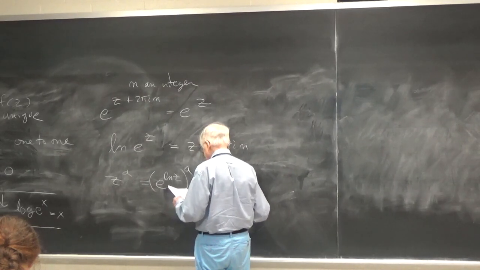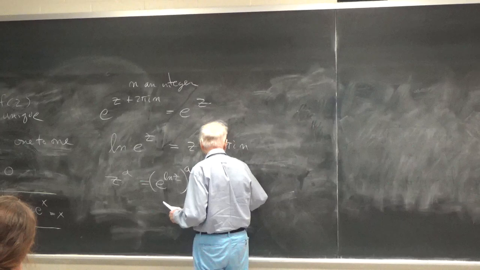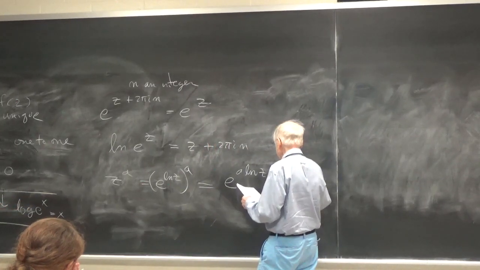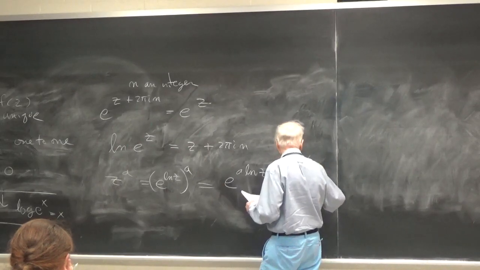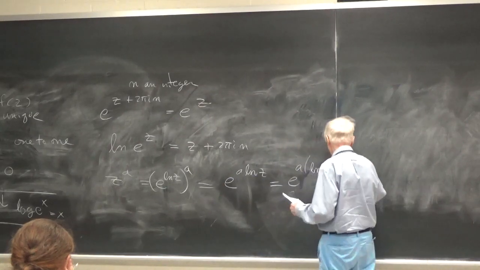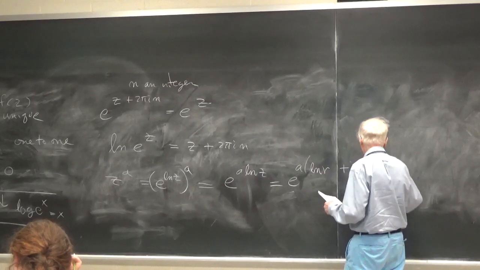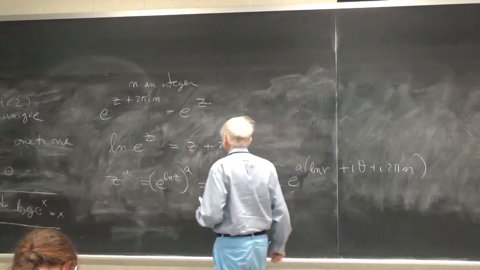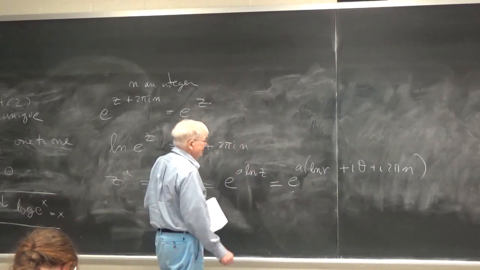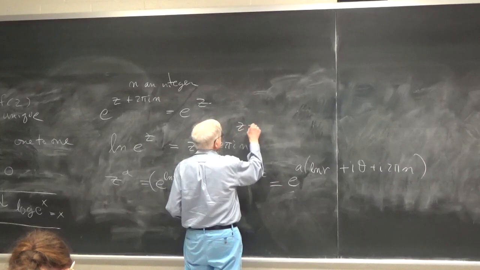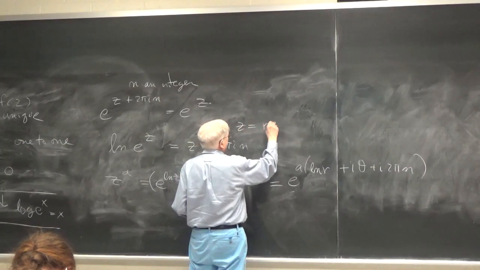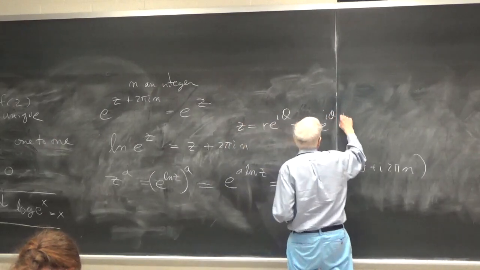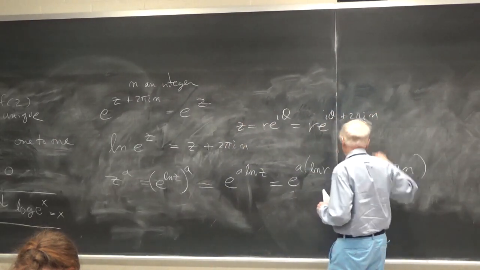But this is then e to the a log z, and so that's e to the a times log r plus i theta plus i 2 pi n, because if z is equal to r e to the i theta, it's also equal to r e to the i theta plus 2 pi i n.